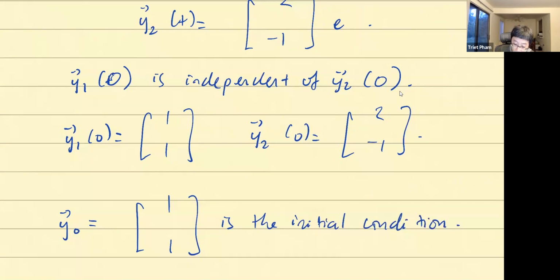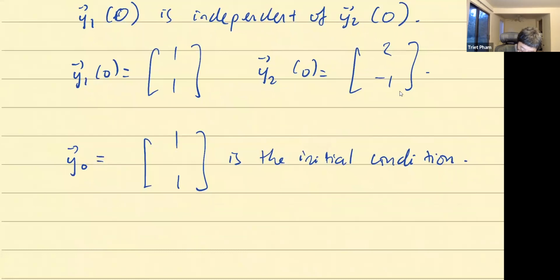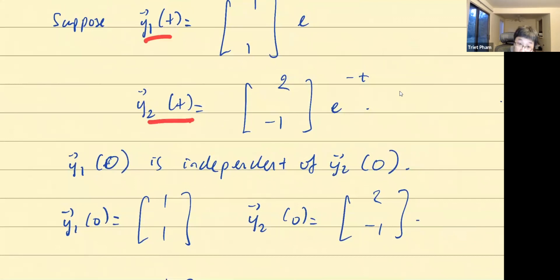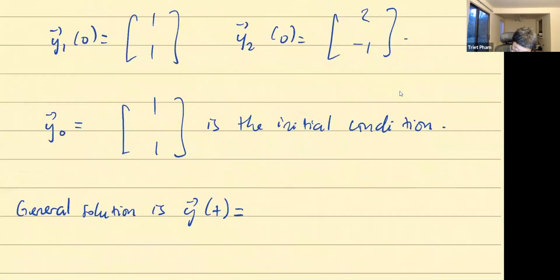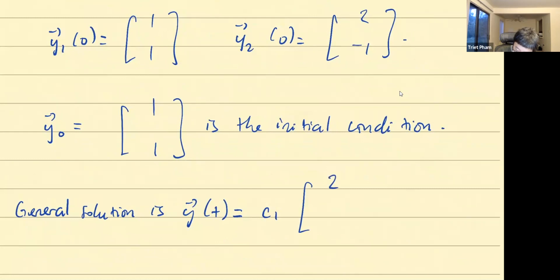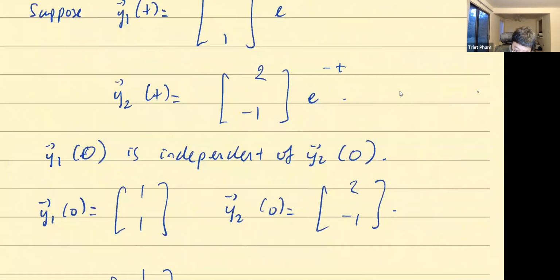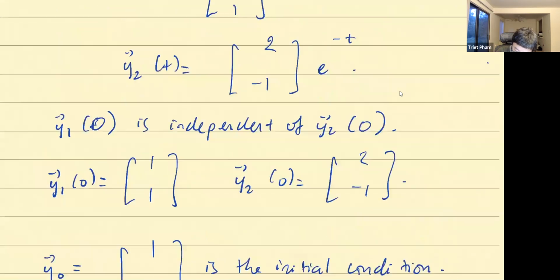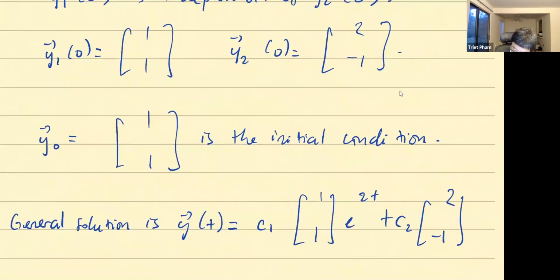Then my general solution is y of t, a combination of y1 and y2: C1 times 1, 1, e to 2t, plus C2 times 2, minus 1, e to minus t.